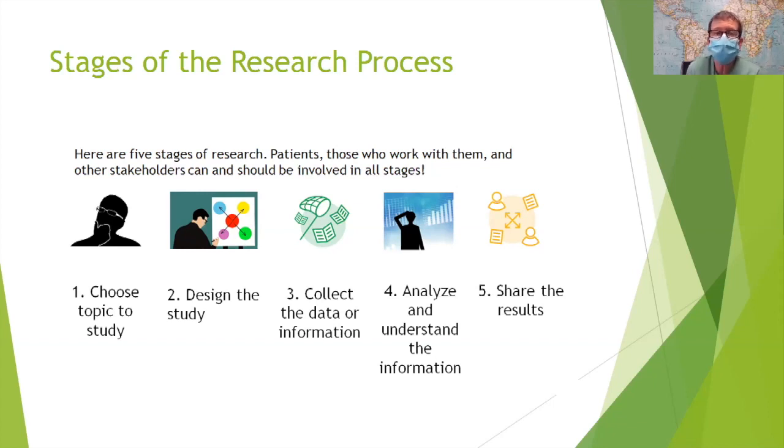Second is how you're going to do it: a clinical study, focus groups, surveys, and so forth. The third step is where a lot of people typically are involved, and that's when the data is actually being collected. Once the data come in, then you need to analyze and understand what it is. And 5 is actually sharing the results.